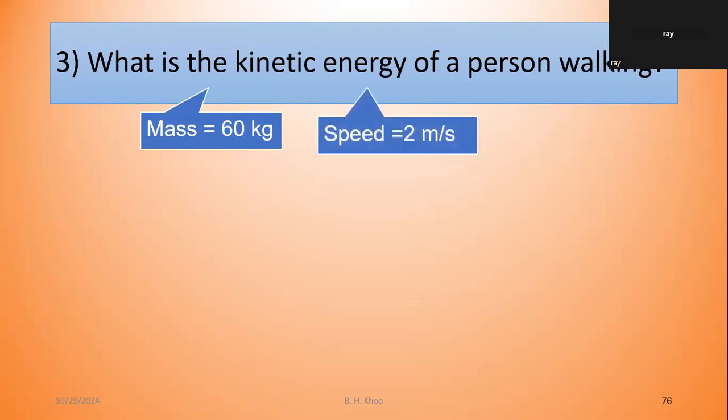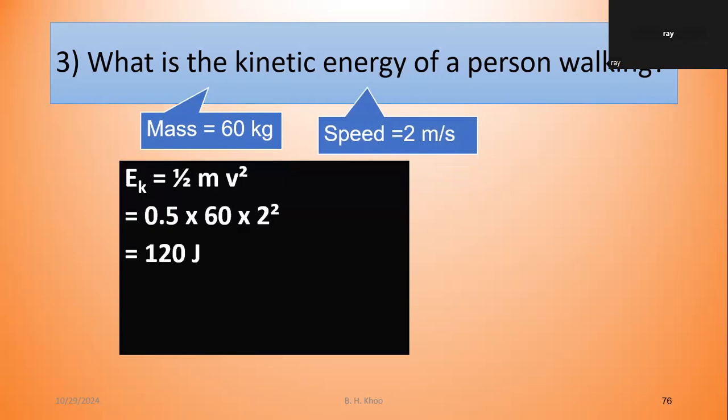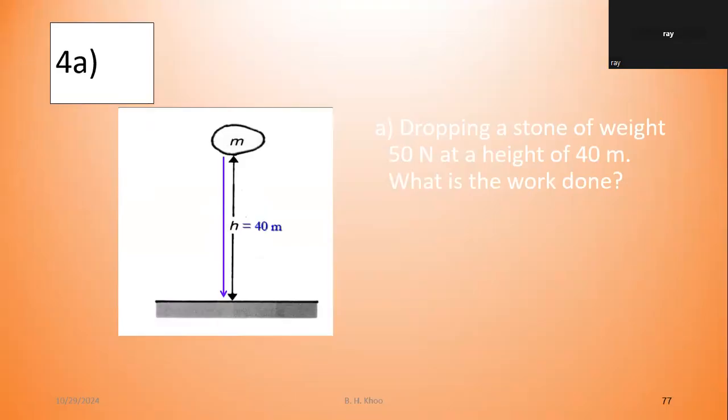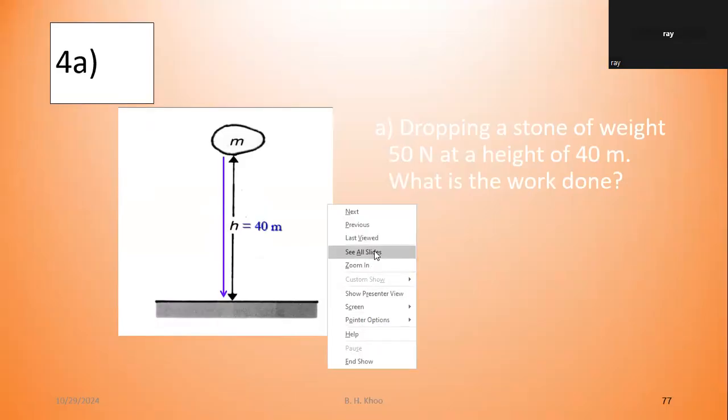Speed about 2 meters per second, and calculate it out. If it's a structured question, they will allow a range of answers. For this objective, you see which one is nearest to this value. Okay with that? Yeah. Don't bother about this one. You can try it during your free time.